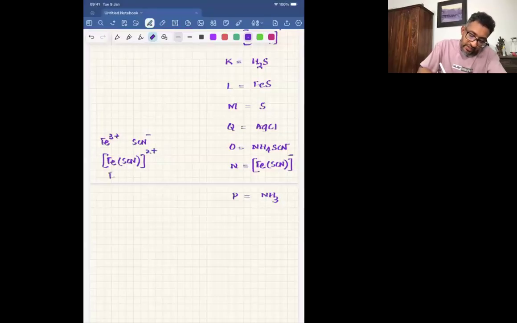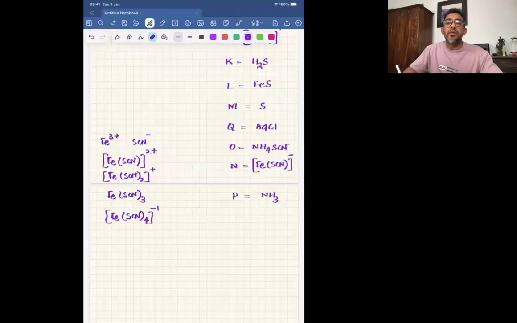You can have Fe(SCN)₂ also, with a +1 charge. Fe(SCN)₃ has no charge, and Fe(SCN)₄ has a minus charge. Here I didn't write the -4. So these are the complexes that you can have.